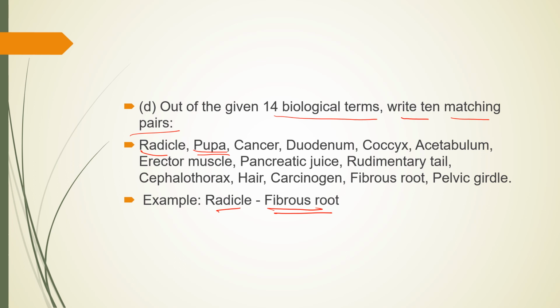The 14 terms given are pupa, cancer, duodenum, coccyx, acetabulum, erector muscle, pancreatic juice, rudimentary tail, cephalothorax, hair, carcinogen, fibrous root and pelvic girdle. In these only you have to find any 10 matching pairs. So one is radicle and fibrous root. Apart from that, 10 pairs are there. You have to search, find them and make the pairs.